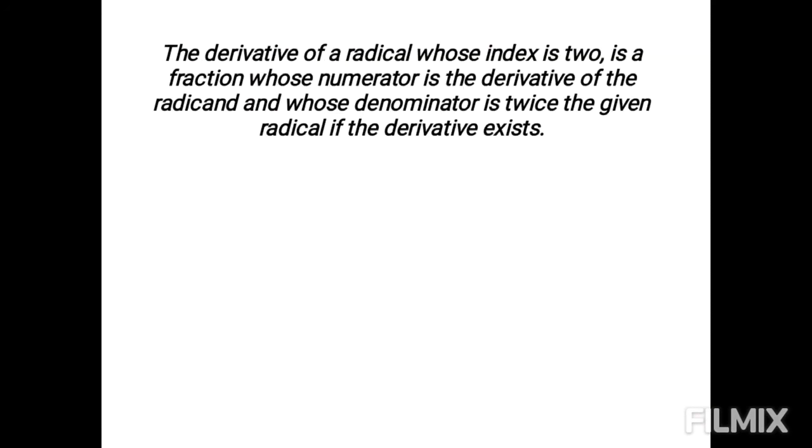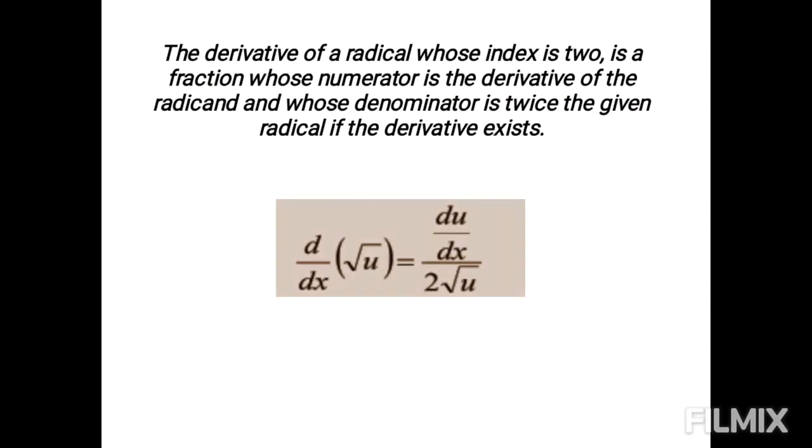Now for our last theorem in finding the derivative of a function by the use of our radicals. Here, the derivative of a radical whose index is 2 is a fraction whose numerator is the derivative of the radicand and whose denominator is twice the given radical.